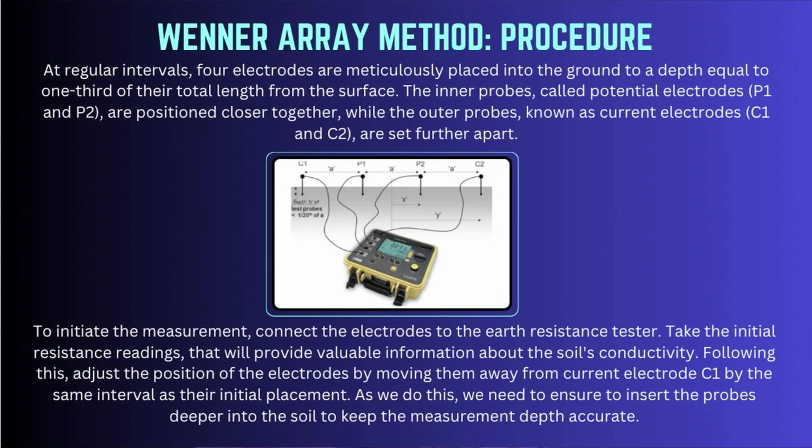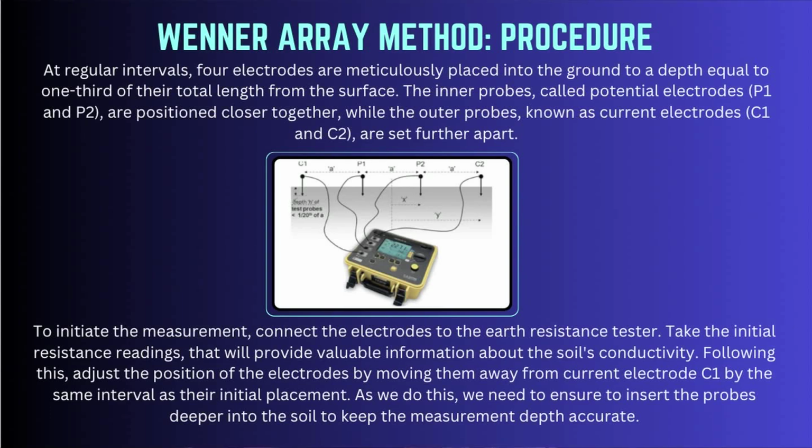To initiate the measurement, connect the electrodes to the earth resistance tester, making sure that connections are secure. After everything is properly set up, take the initial resistance reading, which will provide valuable information about the soil conductivity.